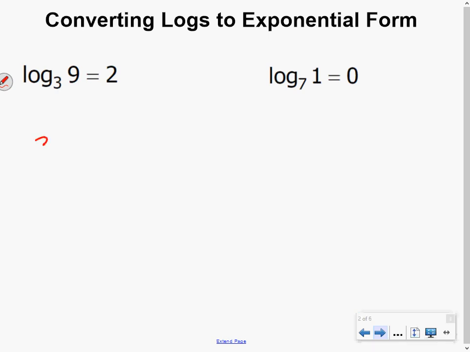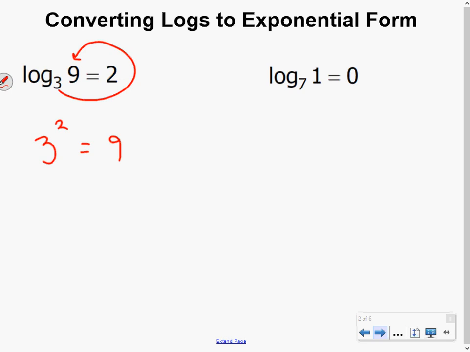Well, I need to raise 3 to the second power to equal 9. So the trick here is start at your base and loop around. 3 to the second power equals 9. That loop helps you remember the order that the numbers go in.